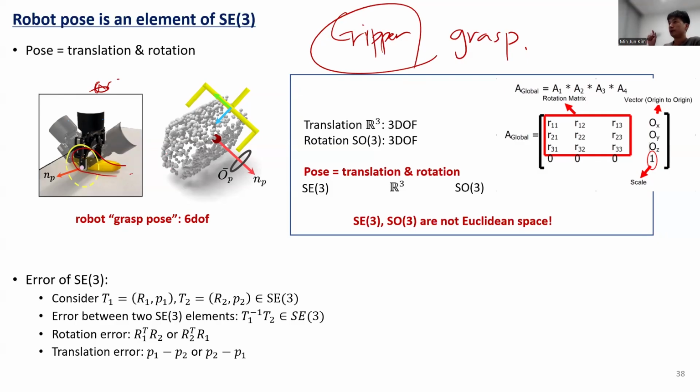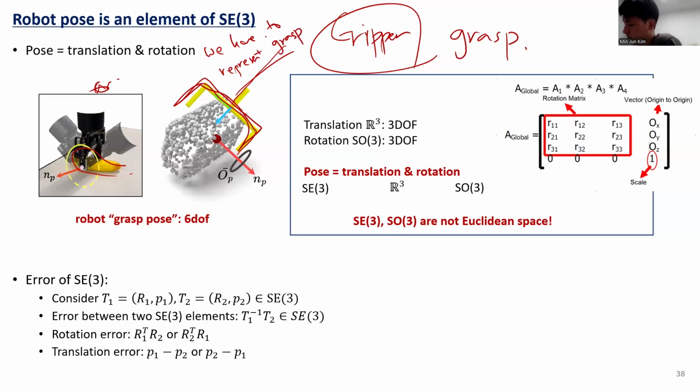So we have to somehow mathematically represent our grasp. And to represent this grasp, we need a rotation and translation.